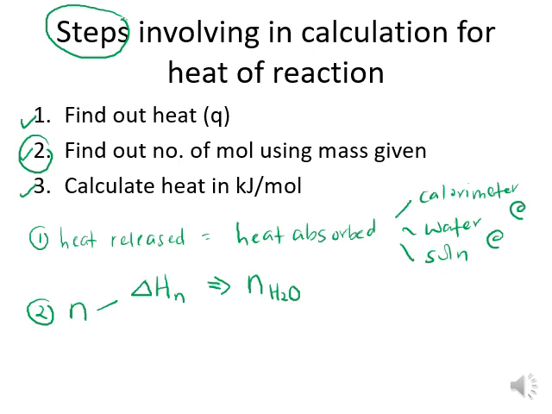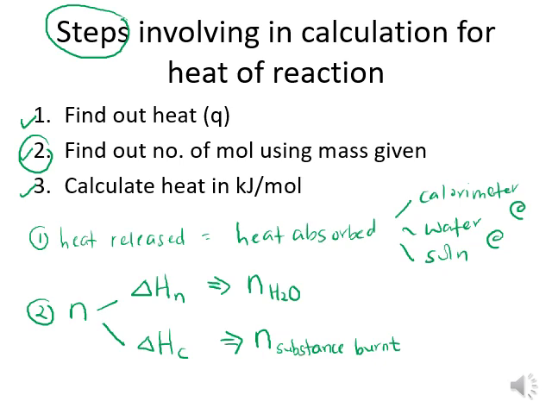If the reaction involves enthalpy of combustion, the number of mole that we are looking for is the substance burned, because the definition for combustion is when 1 mole of substance is burned in excess oxygen.